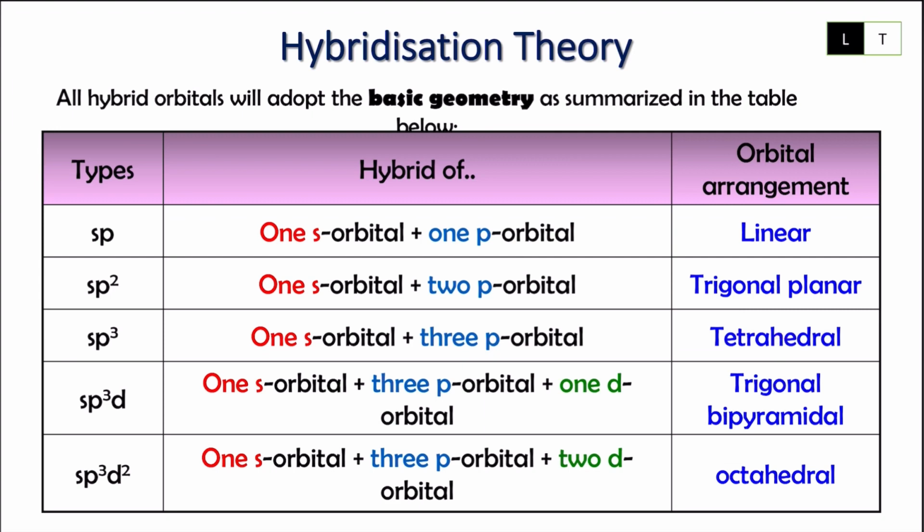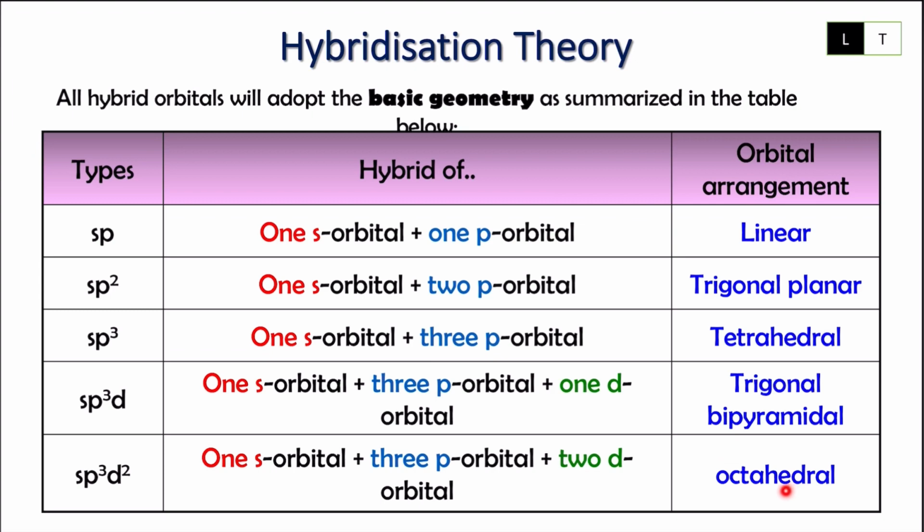So ini contoh yang saya guna tadi. Okay, that's why kita dapat tetrahedral. And the next one, I have sp3d, 1s, 3p, 1d. Dan bentuk dia trigonal bipyramidal. And last one, sp3d2, 1s, 3p, 2d orbitals.